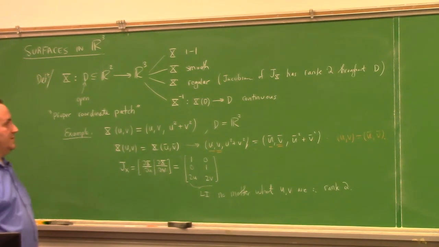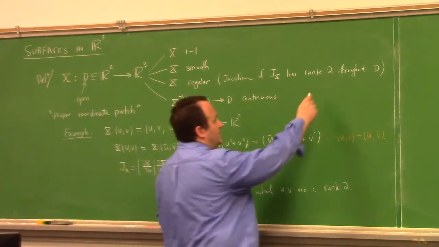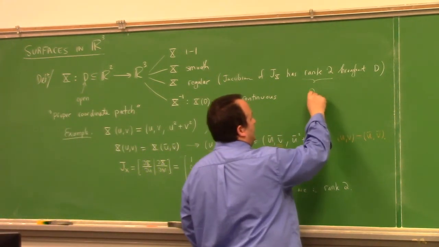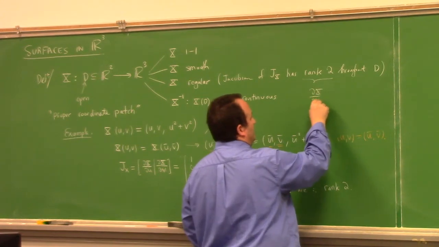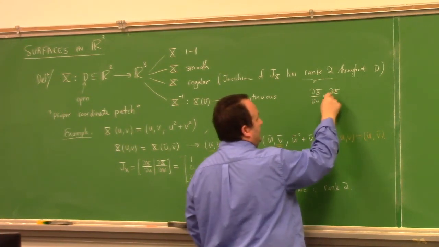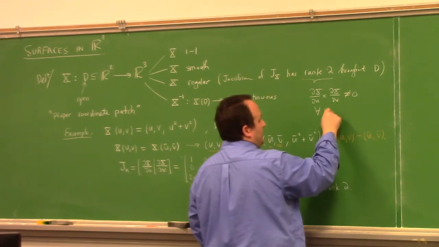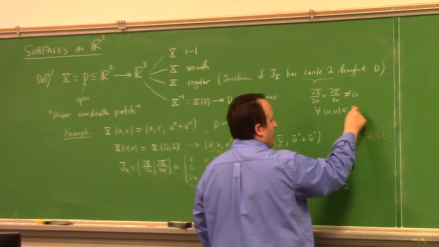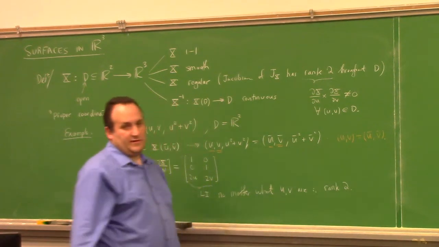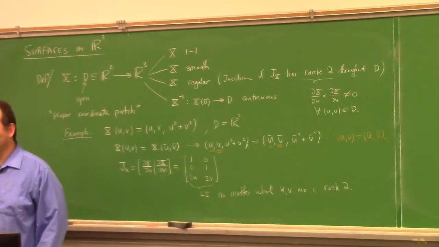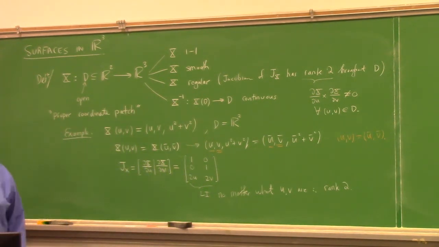So an equivalent test: partial x, partial u, cross partial x, partial v is not equal to 0 for all u, v. That's a convenient and simple criterion to check regularity of the map. We can just check the cross product of the partial velocities.